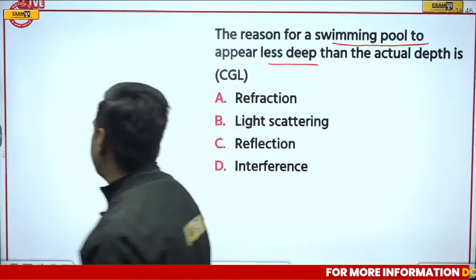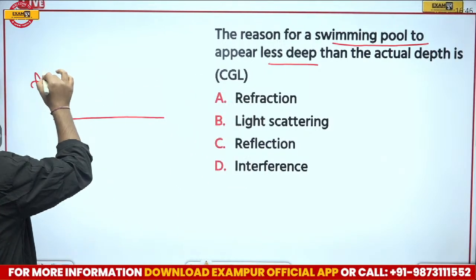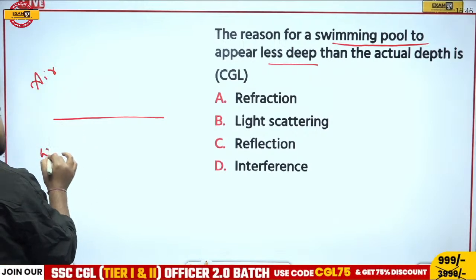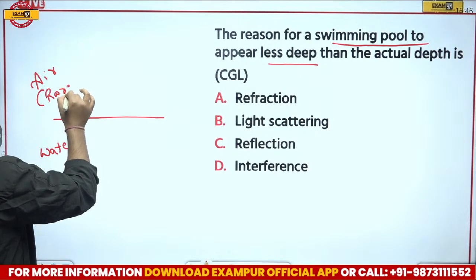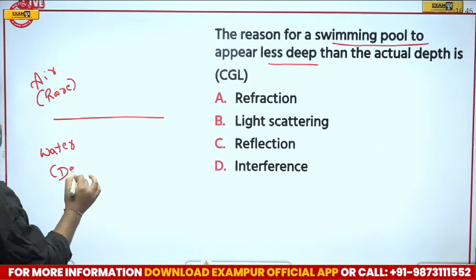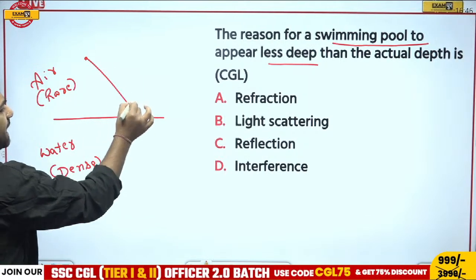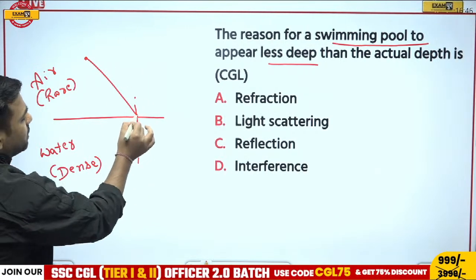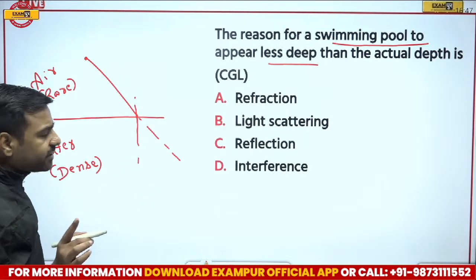Till then, I'll explain this part. When we talk about refraction, what is it? In refraction, there's a change in medium. For example, this is air. This is water. This means this is rare in comparison to water, and water will be dense. So what happens when a ray of light comes here and it strikes the medium? Here it must go in the straight direction, but in spite of that, it will check.